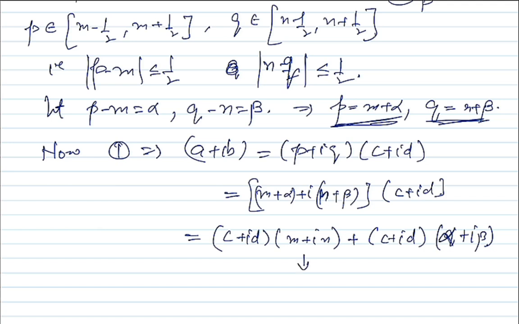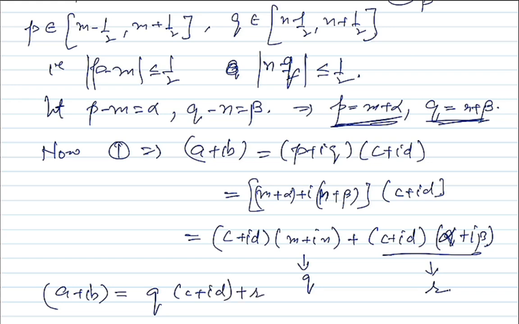So this can be regarded as q, and this whole thing can be regarded as r. So a plus eta b is equal to q times c plus eta d plus r.